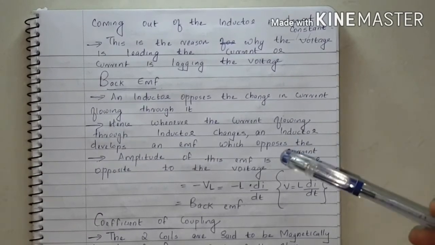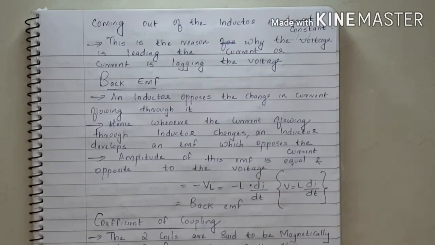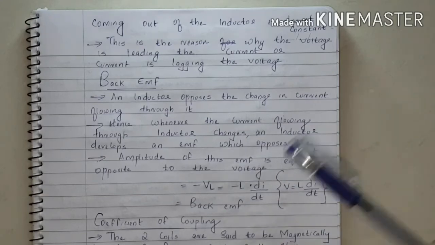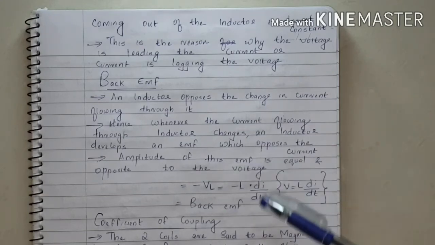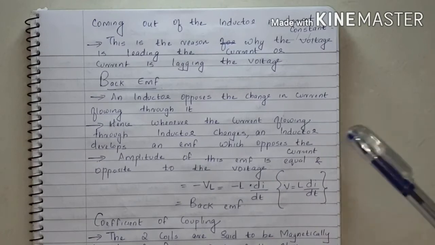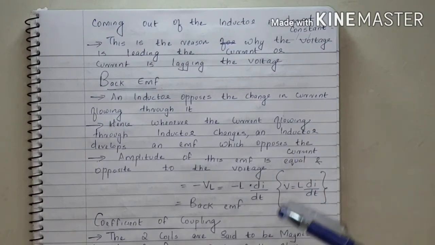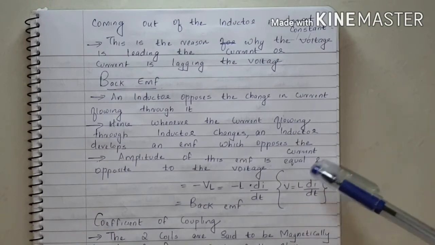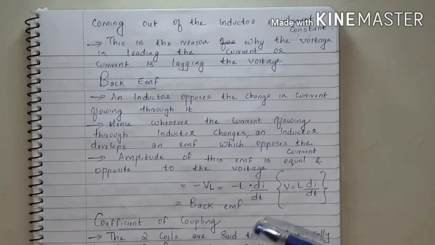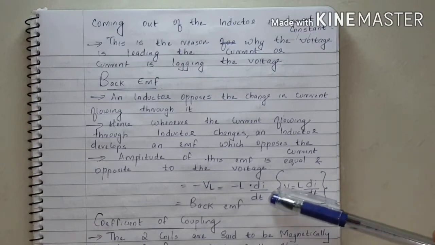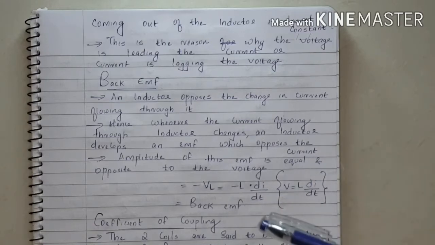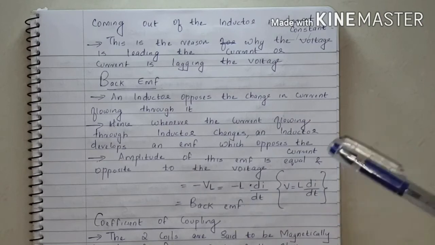Next is the definition for back EMF. We know that an inductor always opposes the change in current flowing through it. Hence, whenever the current flowing through an inductor changes, the inductor develops an EMF which opposes this current. The amplitude of this induced EMF is equal and opposite to the voltage.